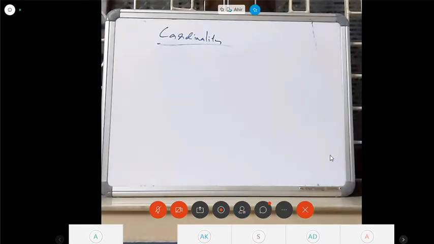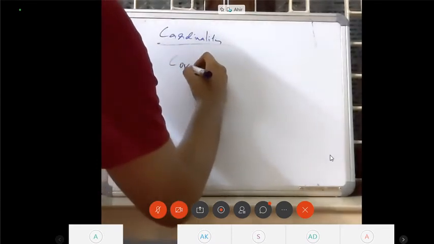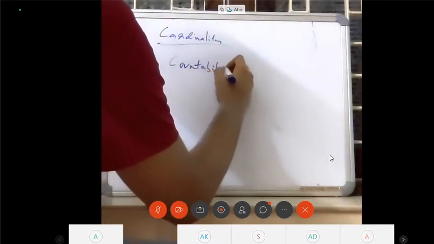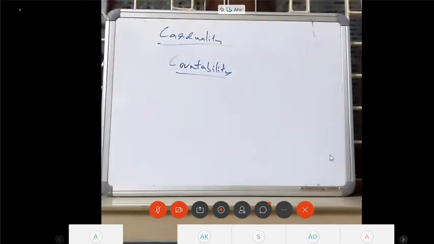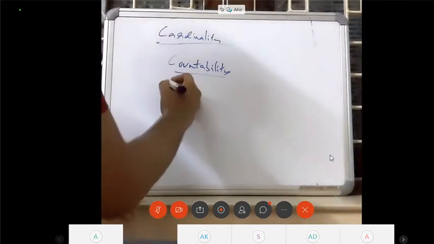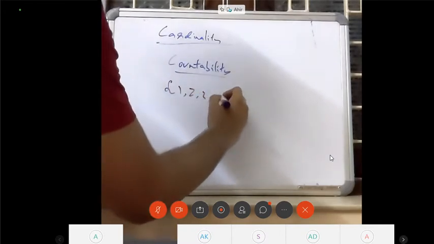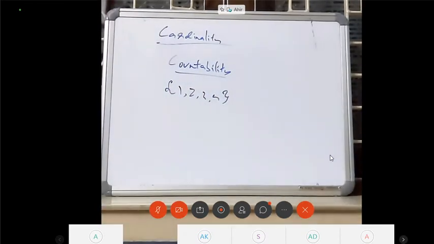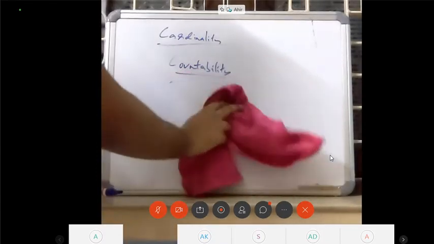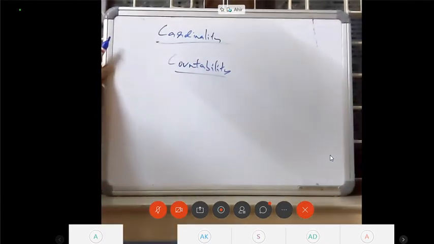So now we'll introduce another term, which is countability. So what is countability of a set? If you have a finite set, it's simple, like 1, 2, 3, 4. This is a finite set, so it's countable. Any finite set is countable. But if you have an infinite set, we mostly use the term countability to refer to infinite sets.